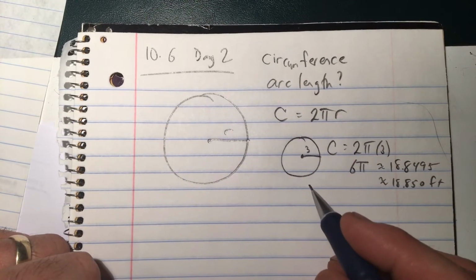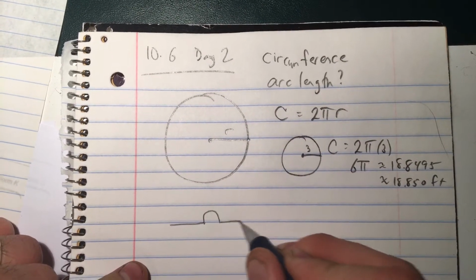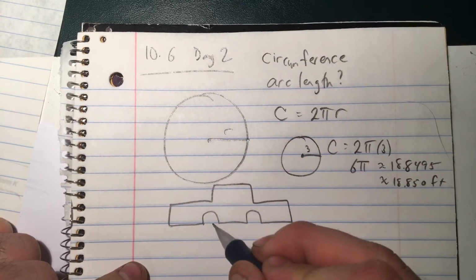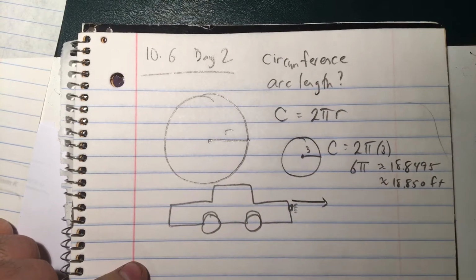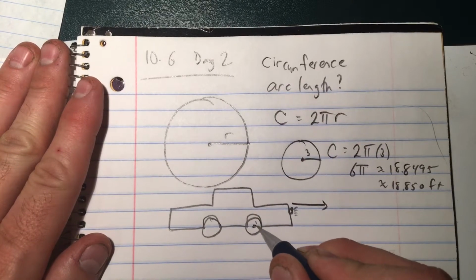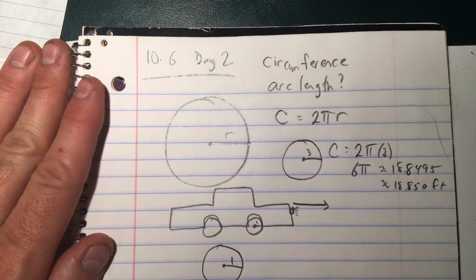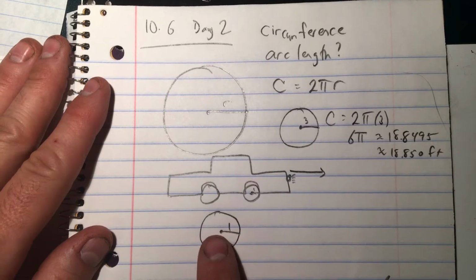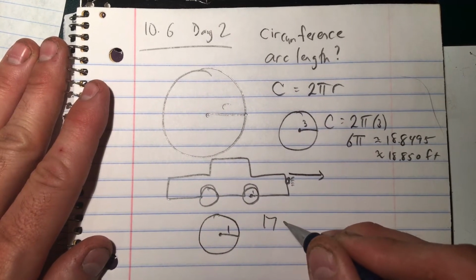So let's pretend we've got this automobile driving in this direction, and this tire has a radius of 1 foot. If a circle has a radius of 1 foot, how far did this car go if the tire spun 17 times?